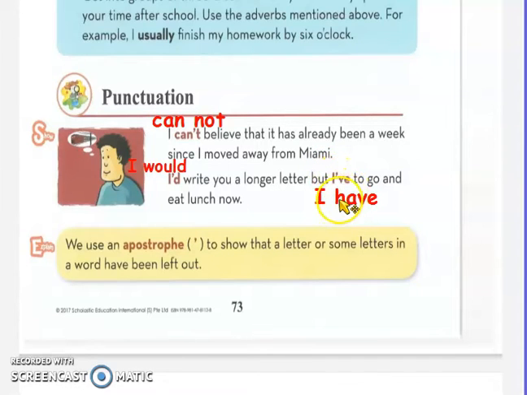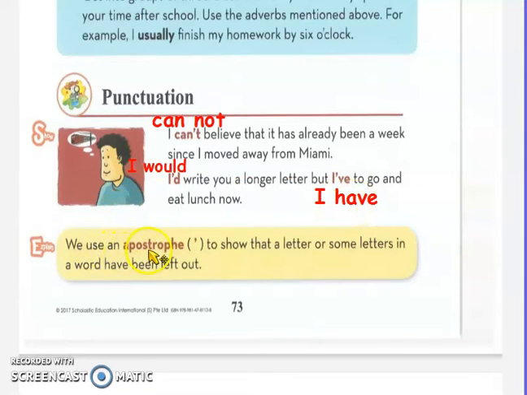Two missing letters, so we use the apostrophe. We deleted two letters and we use the apostrophe instead of these letters. I've, I have. I've is the short form. I have is the long form.